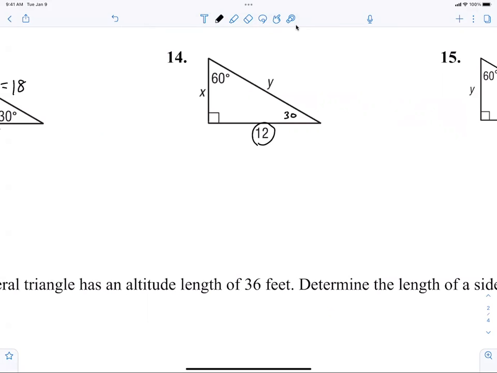You said divide by 3. No, we don't divide by 3. We divide by what? Say it. Radical 3. Divide by radical 3. So this is 12 divided by radical 3. Hold up. Which gives me, multiply the top and bottom by square root of 3. So that'd be 12 radical 3 over 3, which is 4 radical 3. So then the hypotenuse is what? 8 radical 3.